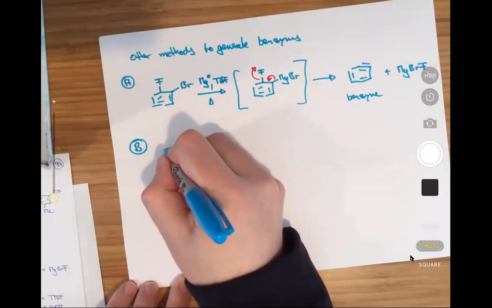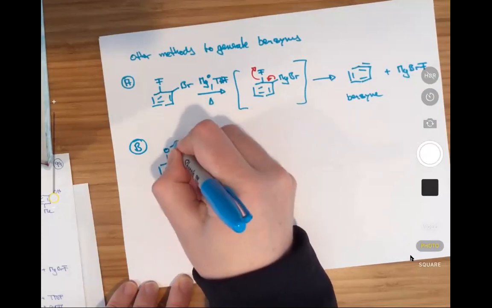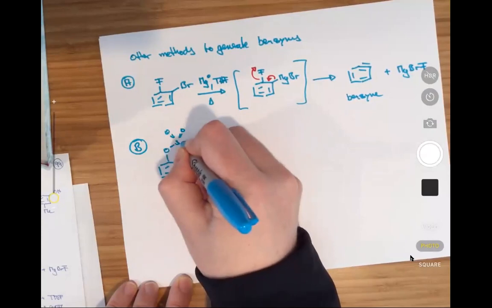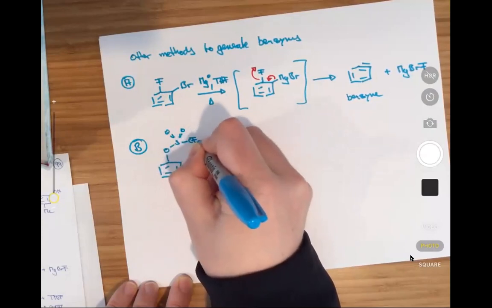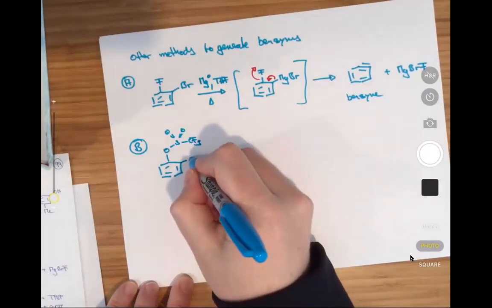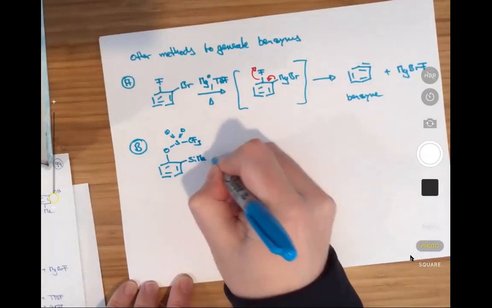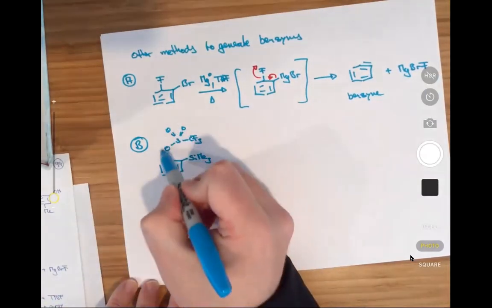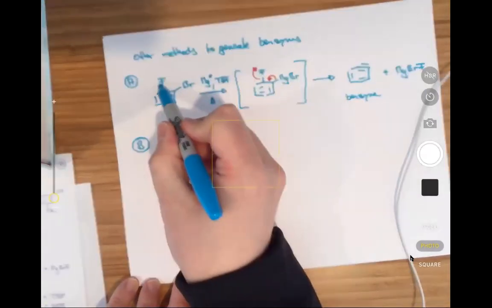So let's put a really good leaving group on here. So OTf, and then we have here a trimethylsilyl group, right? So this triflate up here is a good leaving group, the same way that the fluoride was a good leaving group.